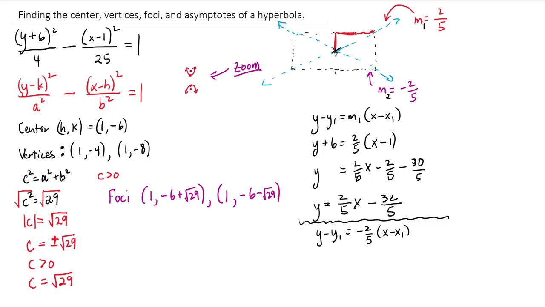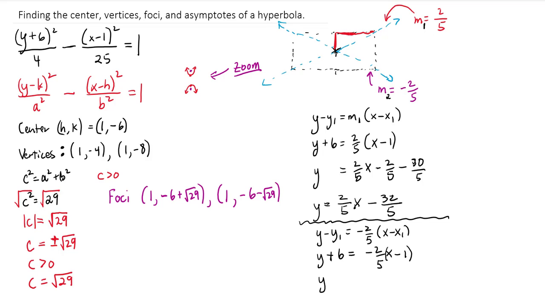Once again, x1, y1 here is just the center, so it's really y plus 6 is equal to negative 2/5 times (x minus 1).